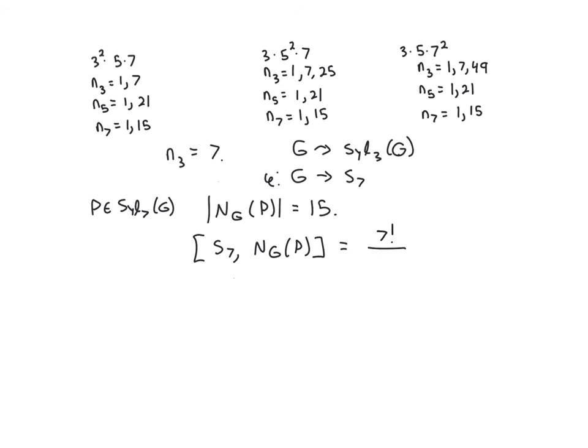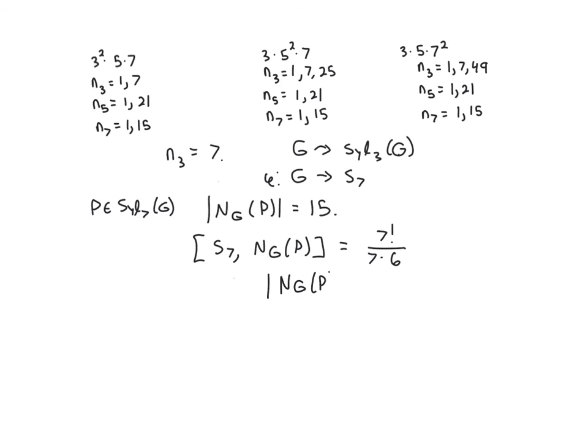That's picking the elements in a cycle, but if you cyclically shift the elements in a cycle, you get the same cycle. And of course, there are always 7 cycles in any given Sylow 7 subgroup. So there are actually this many Sylow 7 subgroups in S7, because this is counting the number of 7 cycles, and this is collecting them together by which Sylow 7 subgroup they belong to.